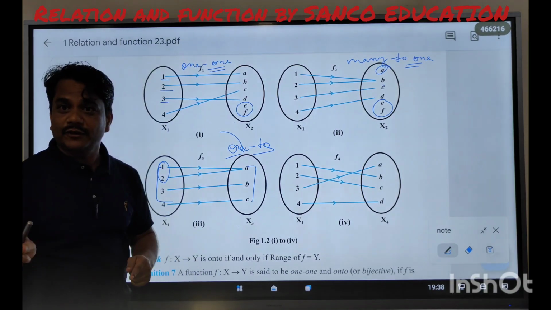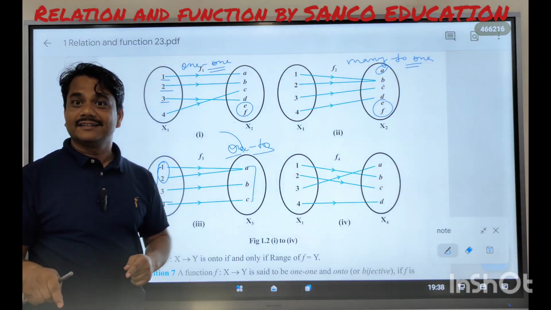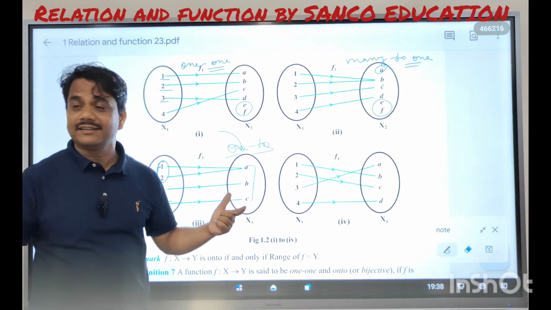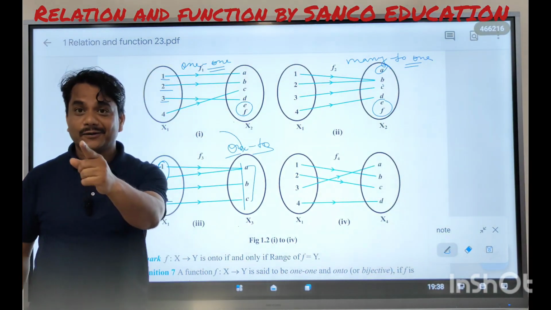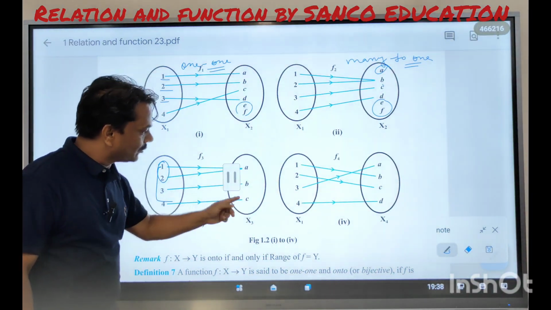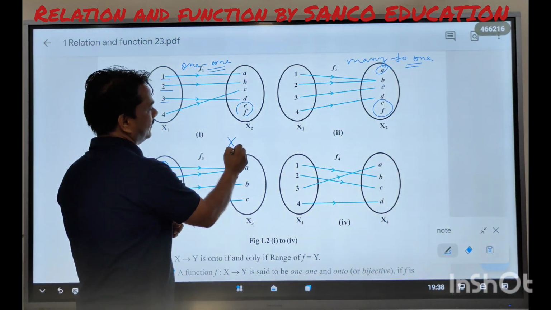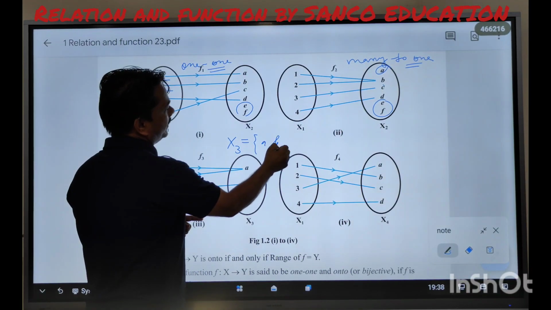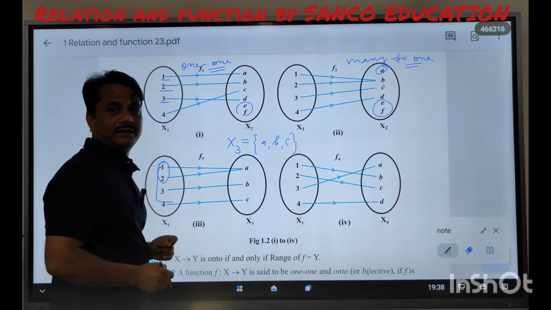The definition of onto is always given by looking at the codomain set. So tell me, what is the codomain here? Sir, X3, the collection of A, B and C. That's the codomain.